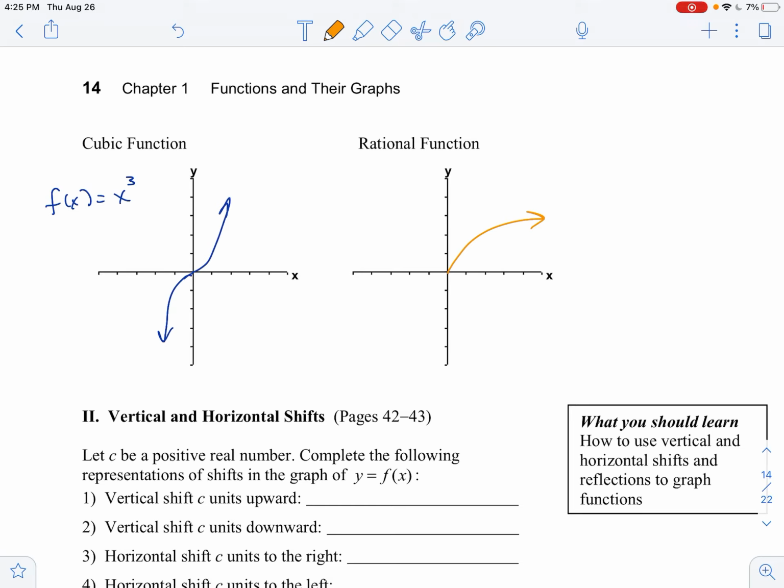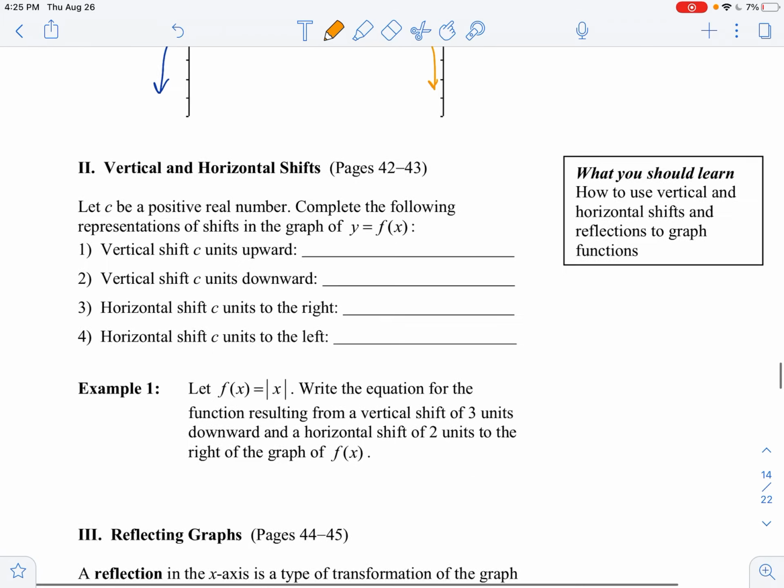And that's because it has a root, or, not a root. That's a radical function. A rational function means it has a fraction, like f of x equals 1 over x. So it could look like this. And then that can also be negative like this. The only thing is, remember that x cannot equal 0 on this one.